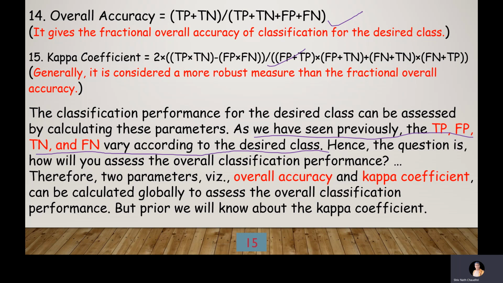Hence, the question is, how will you assess the overall classification performance? Therefore, two parameters, for example, overall accuracy and kappa coefficient can be calculated globally to assess the overall classification performance. But prior to that, we will learn about the kappa coefficient.